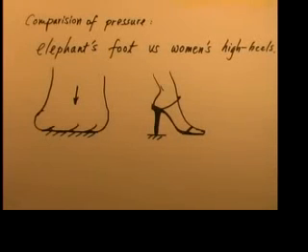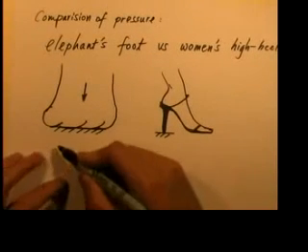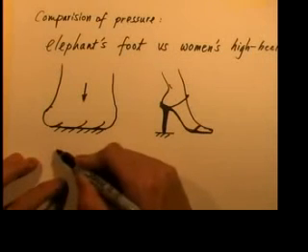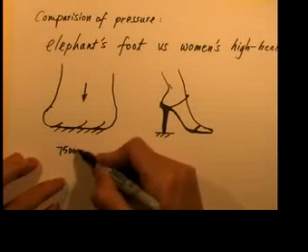How much is the pressure produced by the weight of an elephant on each foot? Let's see now. We have a total of 75,000 newtons, and we divide it by 4 to get the force exerted on each foot due to the weight. So that's 75,000 newtons over 4.